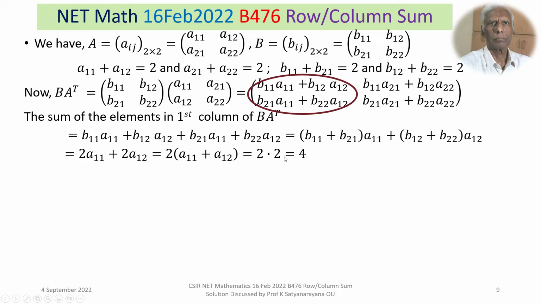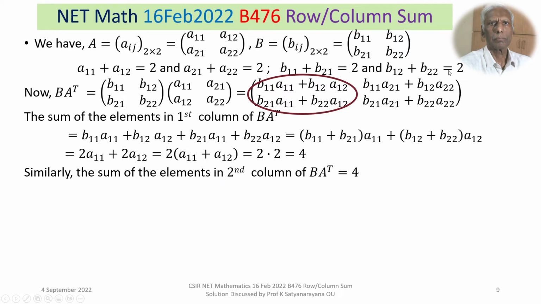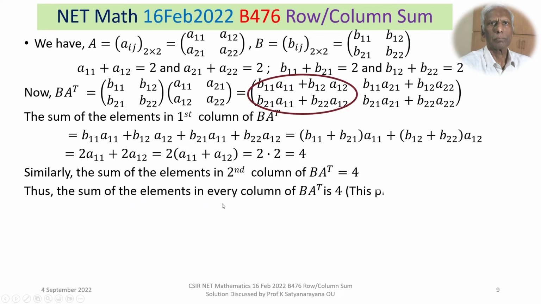So 2 into 2 is 4. In a similar manner, the sum of the elements in the second column is taken, and you will get 4 again. Thus, the sum of the elements in every column of BA transpose is 4. This proves our first result, which we have stated in our theorem.